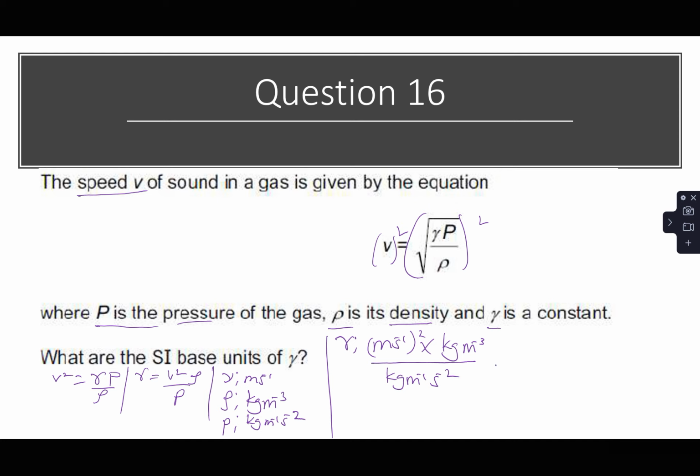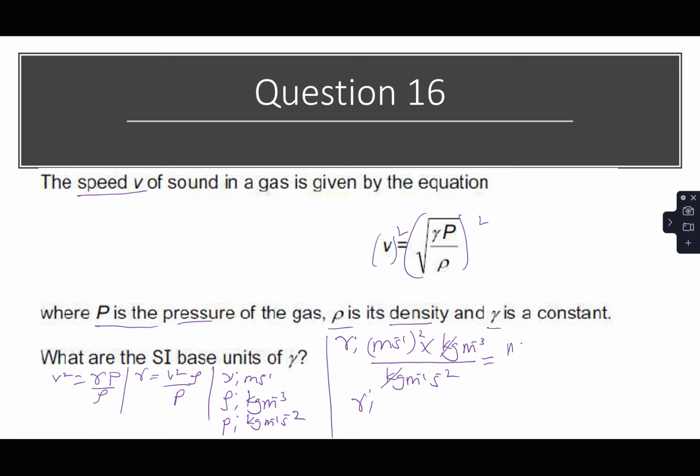So we simplify this. I'm trying to simplify so that I come up with the correct units. Kilogram has cancelled. Immediately there is kilogram and kilogram. So this one has already cancelled out. Now I have meters per second. Okay, let me simplify this further.